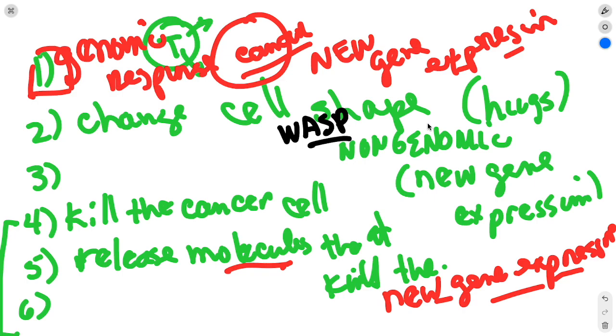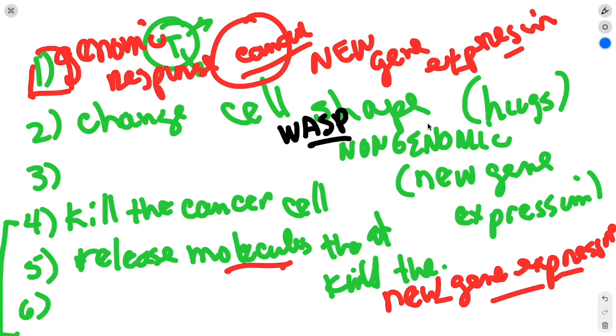So in the most general sense, a target cell can make two types of responses: either activating transcription factors and making new gene expression, or not. And the not involves a lot of different things, maybe activating that WASP, just a lot of different possibilities, but it's not new gene expression.